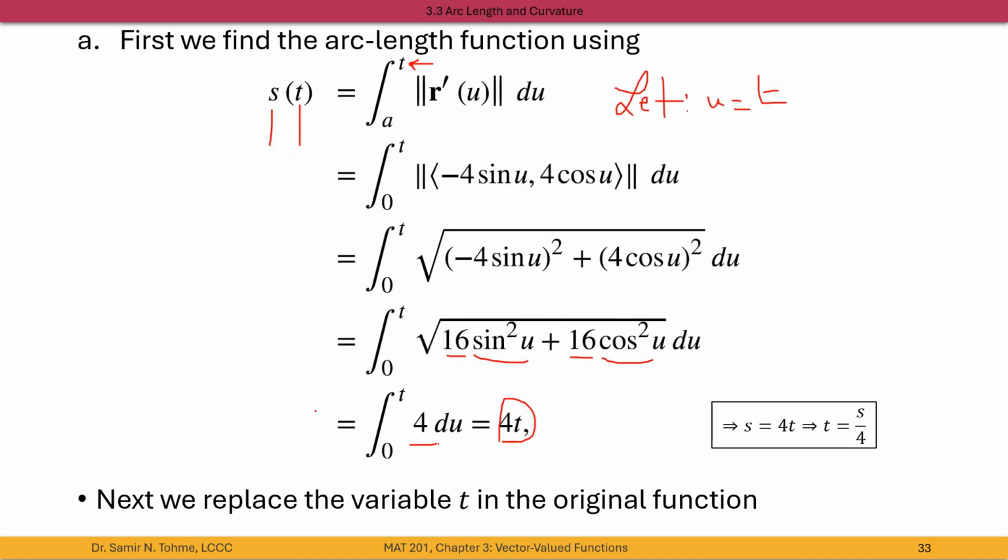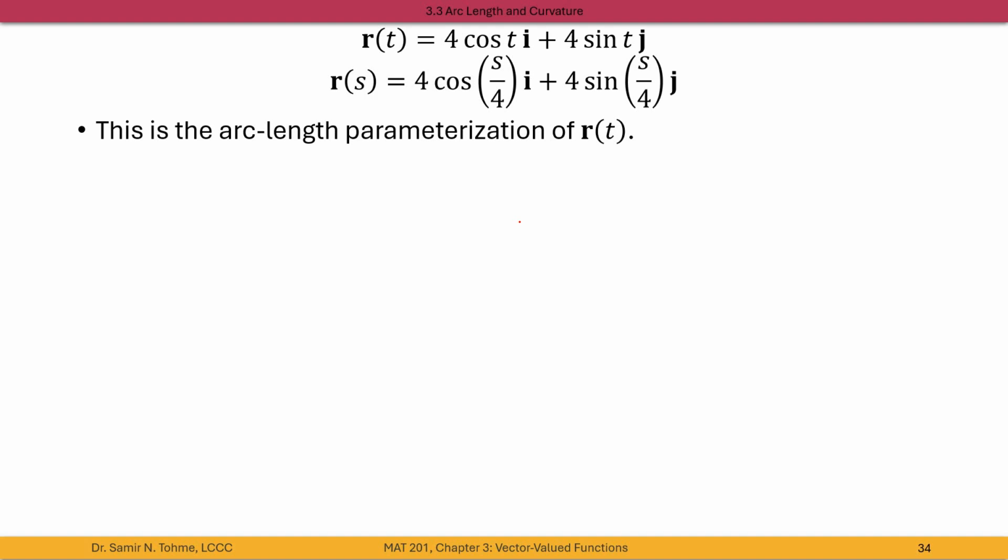Now, since s is equal to 4t, we cross multiply and t is equal to s over 4. Now replace t with s divided by 4, and you will have this vector function with variable s. Initially, this was the vector function. As you can see, this is a circle with radius 4, but the argument changes.